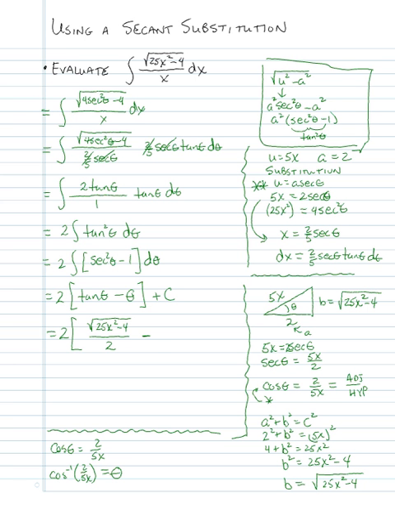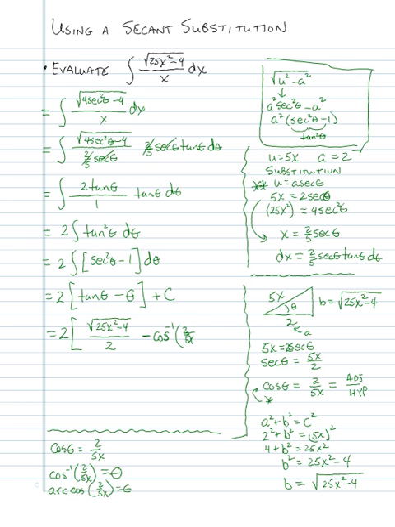So, in place of theta, we're going to put inverse cosine, sometimes it's called arc cosine. Remember, that could also be referred to as arc cosine. It's the same thing, it's just different notation. But I'm using inverse notation here. Inverse cosine of 2 over 5x is what theta is.